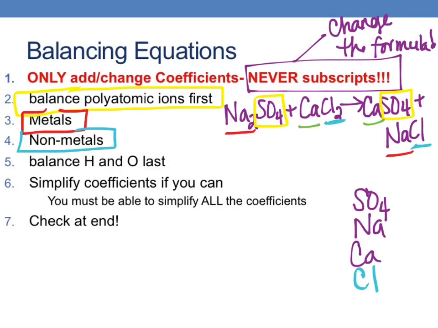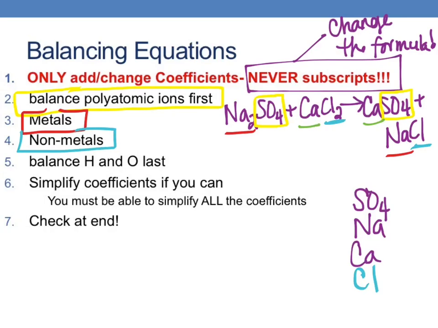And then we're going to start putting some numbers in there. Say this coefficient's a 2, this coefficient's a 2, this coefficient's a 2, and this coefficient's a 2, and I can simplify, we're going to simplify by dividing by the GCF. All right? And then we're going to check it at the end.